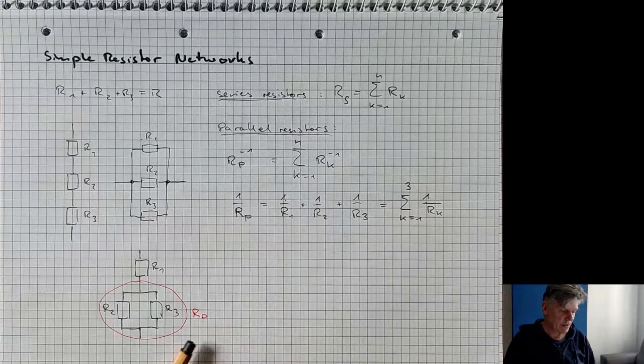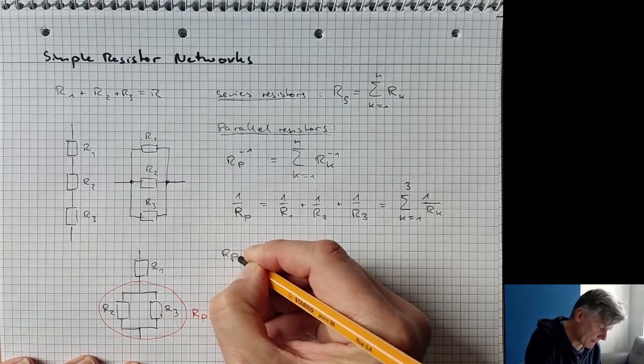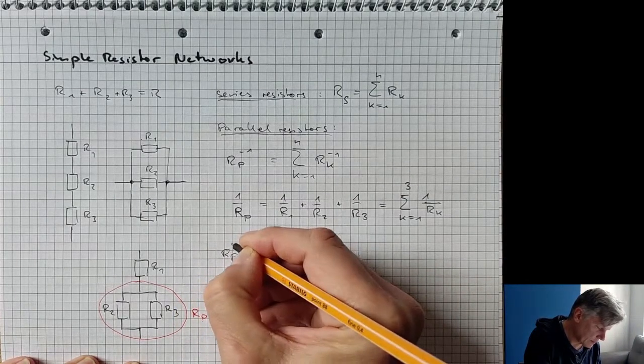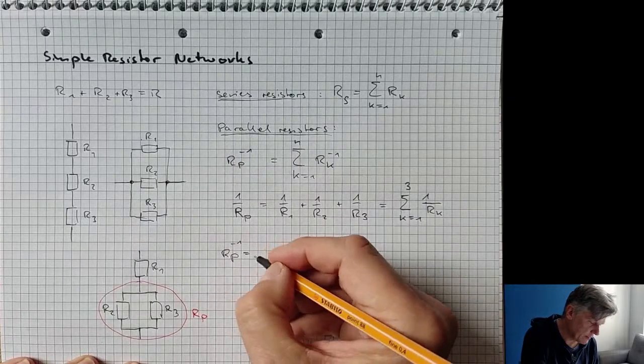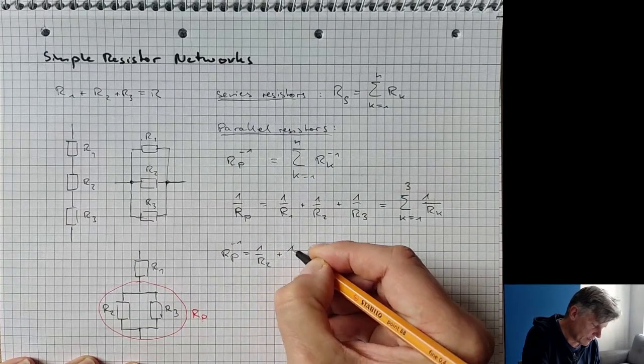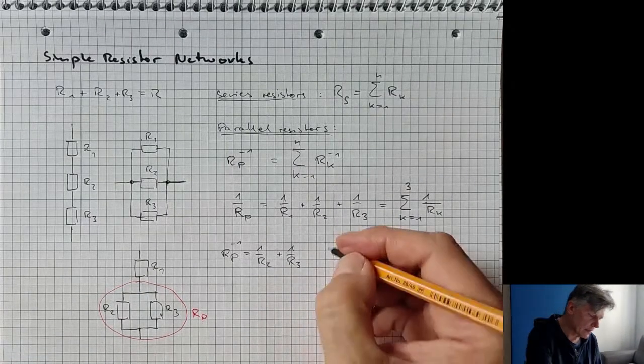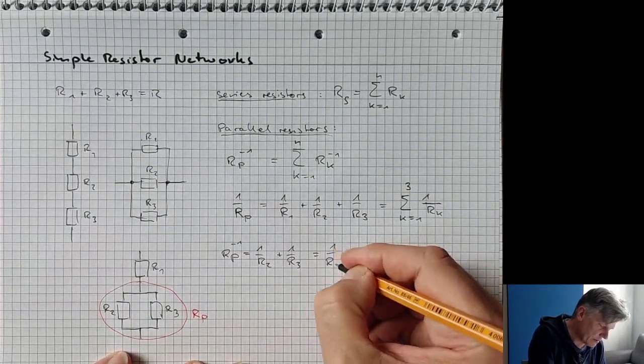So you could calculate Rp by saying 1 divided by Rp is 1 divided by R2 plus 1 divided by R3.